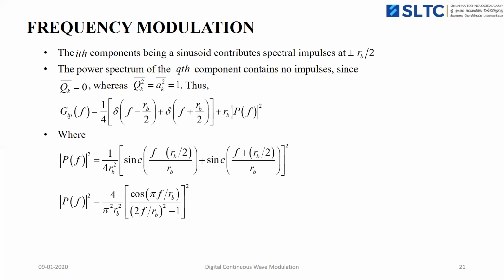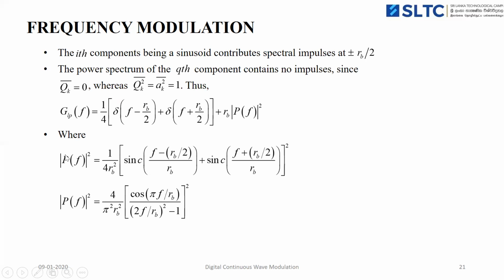So for the FSK modulation, the power spectrum depends on the impulses of the in-phase component. So that is delta of f minus Rb by 2 plus delta of f plus Rb by 2. That means the impulses occurring at plus Rb by 2 and minus Rb by 2 in the in-phase component, plus Rb times the rectangular pulse power spectrum.